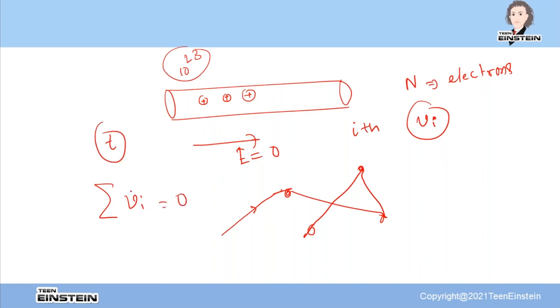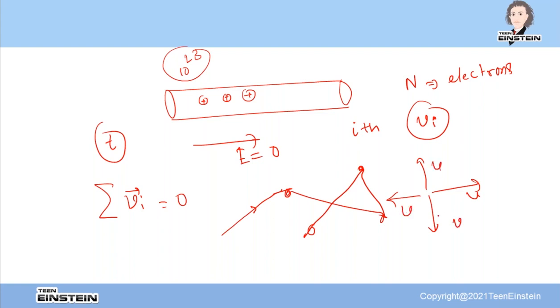We have to treat it as a vector, and random means you have equal velocity in all directions. So these velocities cancel each other.